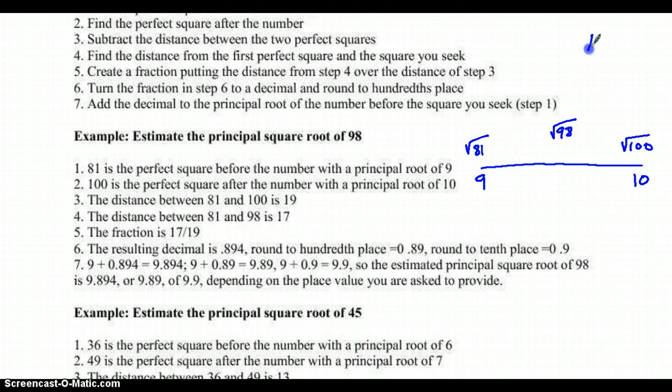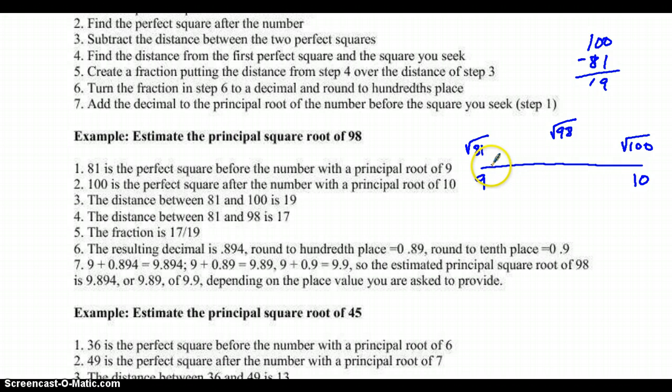Now all we have to do is subtract the distance between 81 and 100. In plain words, I'm going to take 100 and subtract from it 81, and I'm going to get 19. While I've got you right here, let me show you what else we can do.